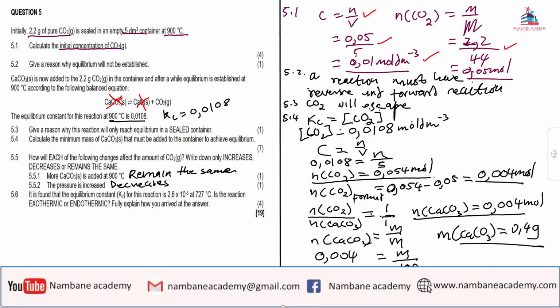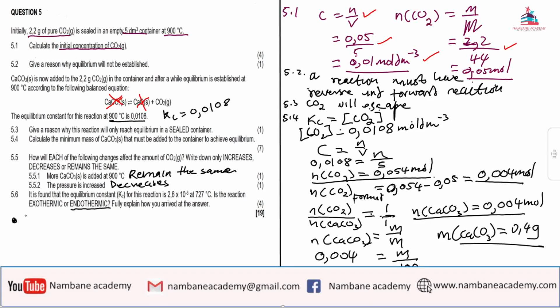So what happens is we had Kc which decreased. So if the Kc decreased, and the temperature also decreased from 900 to 727, it basically says this reaction must be an endothermic reaction.